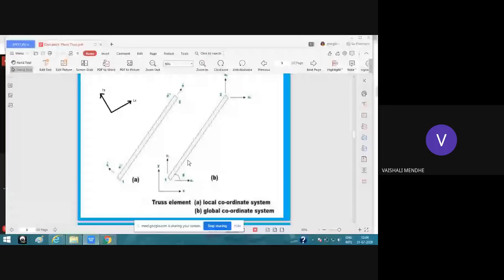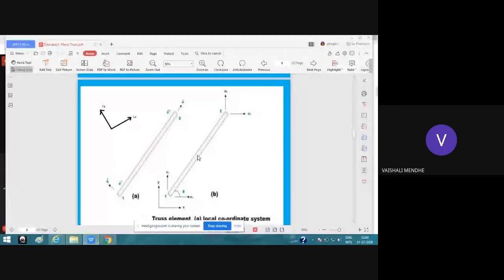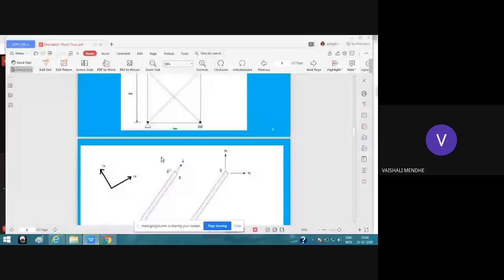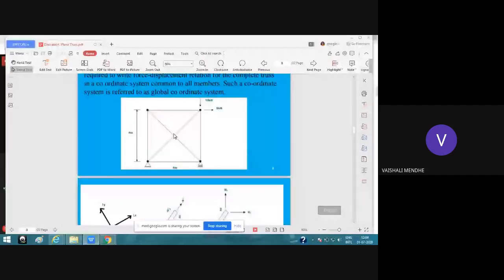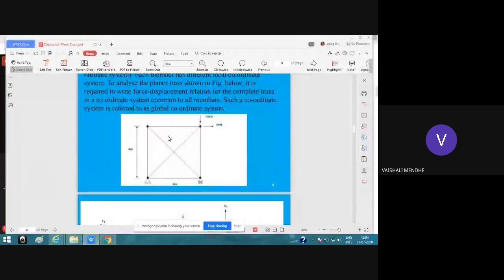From these two figures, it will be understood. Here I have considered one sample member, an inclined member. If you consider this truss, and any vertical member or horizontal member, then for this vertical member, its local x-axis will be from its bottom node to top node.